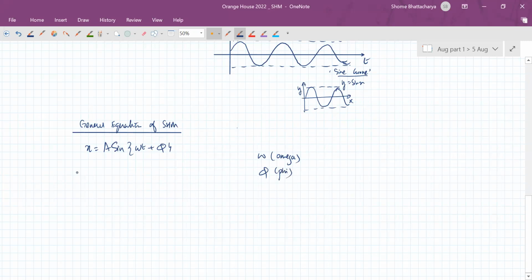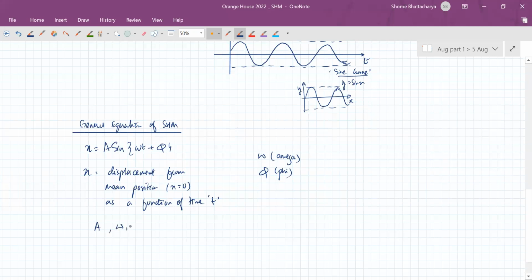Okay. So here x is the displacement from the mean position, which is x equal to 0, as a function of time t.